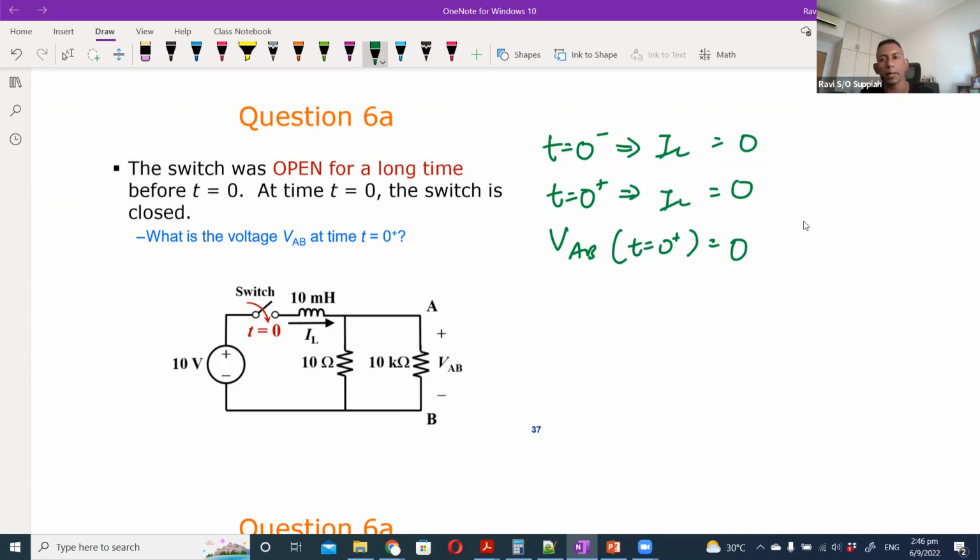Again, this comes back to the principle of the current through the inductor not being able to change instantaneously. Whatever current was flowing prior to the switch event is the same current that will flow when I initially close the switch. So it will still be 0, and that is why the VAB at time t equals 0 plus will be 0.